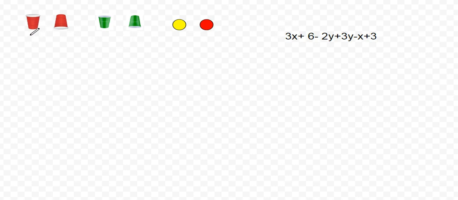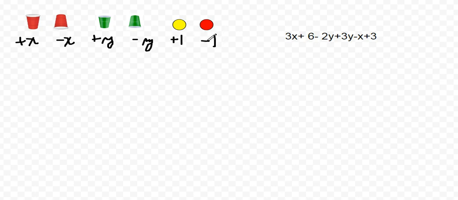This red cup is going to be a positive x, upside down red cup, negative x. We also need a y, so we'll let this be a positive y and this upside down green cup be a negative y. And of course, the yellow is plus 1, red chip is minus 1.